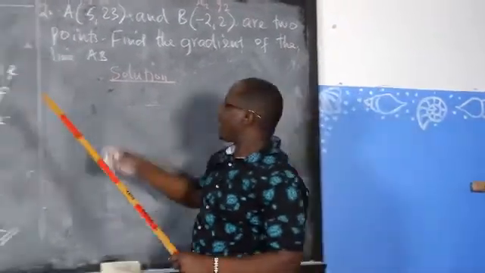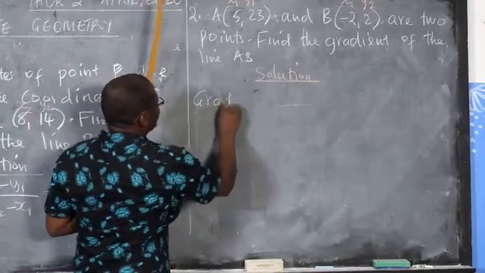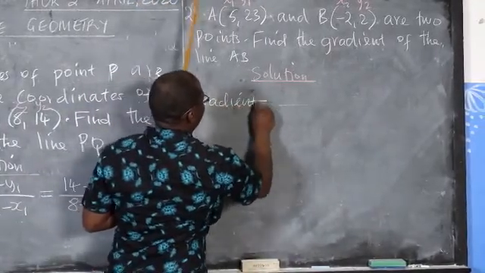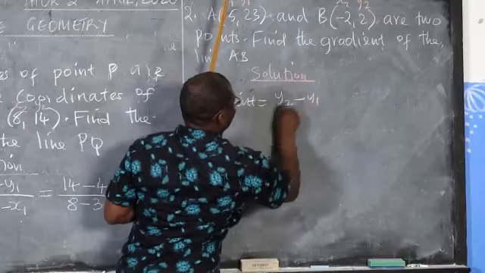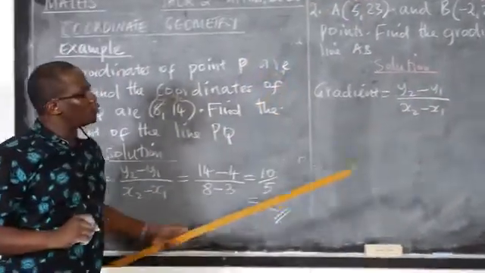After that, write down the formula of getting the gradient of a straight line. Then from here, just do your substitution.